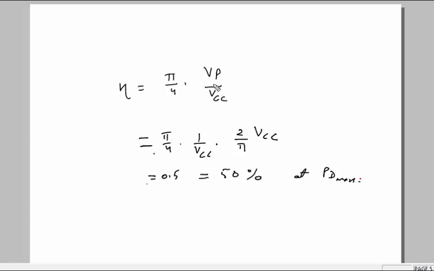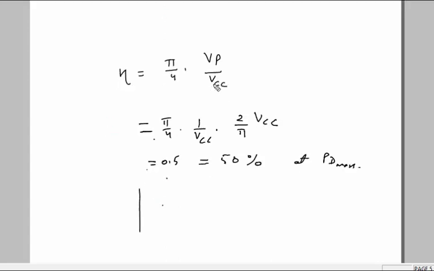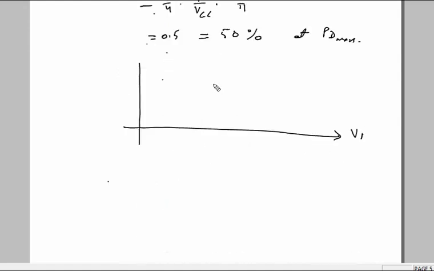Okay, what does this represent? Suppose this is the VP, we are writing based on the VP, and this is the PD. So we are making the curve PD versus VP. Okay, and we know that this curve we are getting, when VP is 0, PD is 0 here, and then it's increasing.